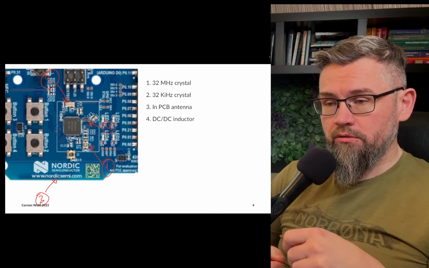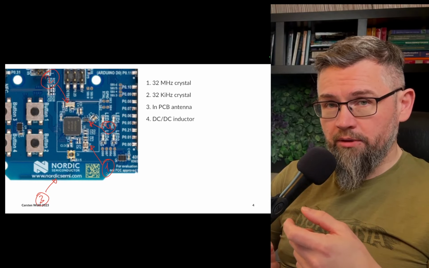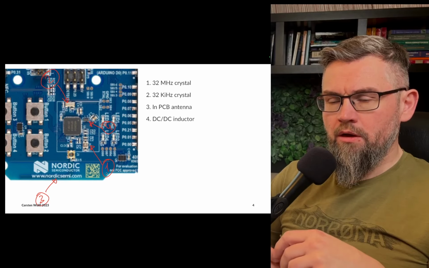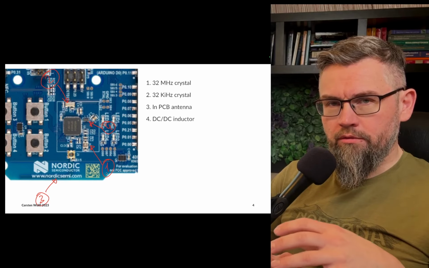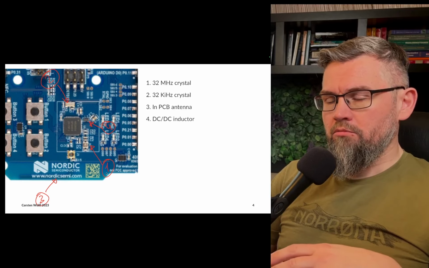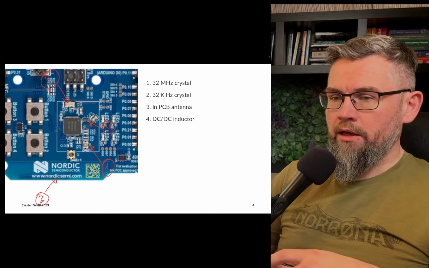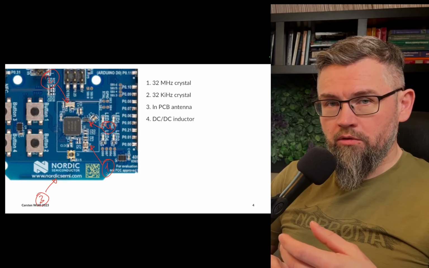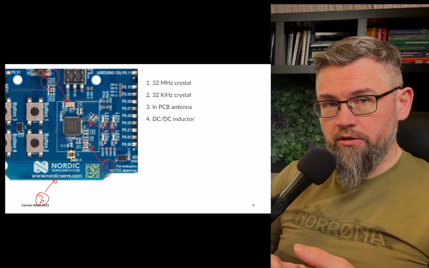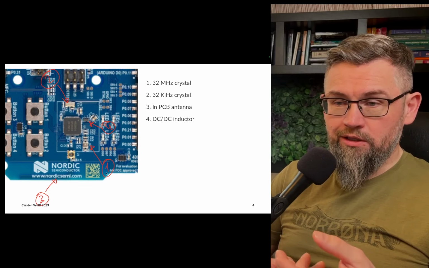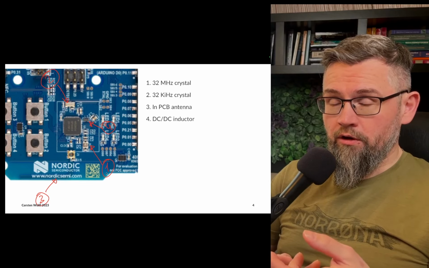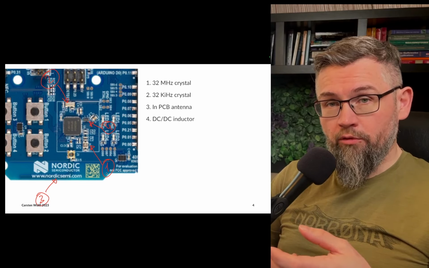You can buy crystals that have sort of plus minus 20 ppm. However, on the chip, the CPU might run at 64 megahertz, and the radio, well, when we transmit for Bluetooth signals, well, it's between 2.4 gigahertz and 2.48 gigahertz.